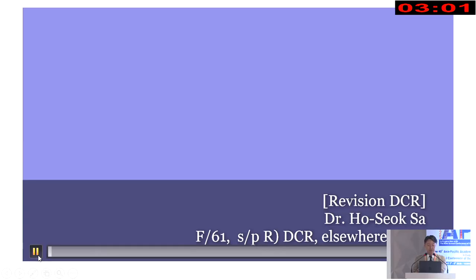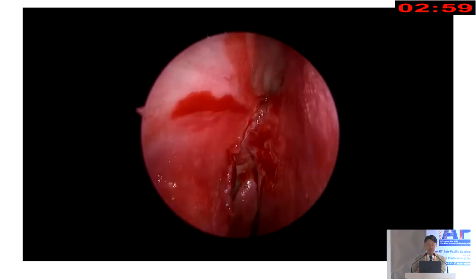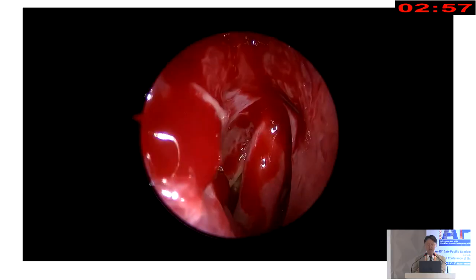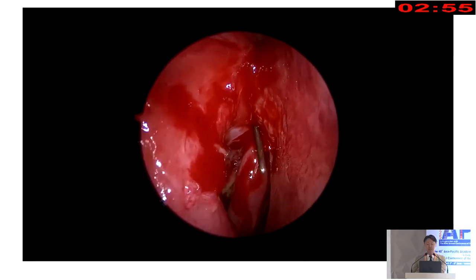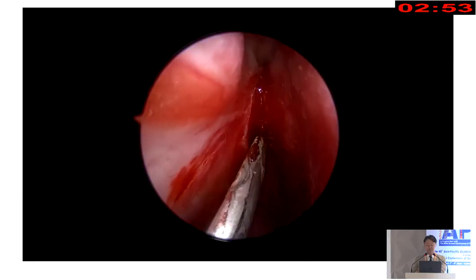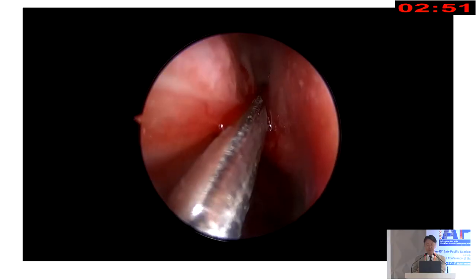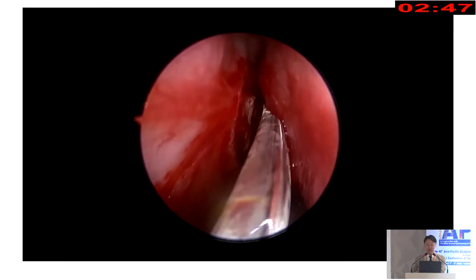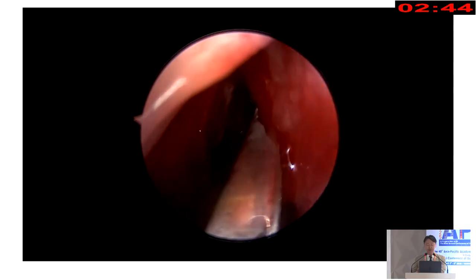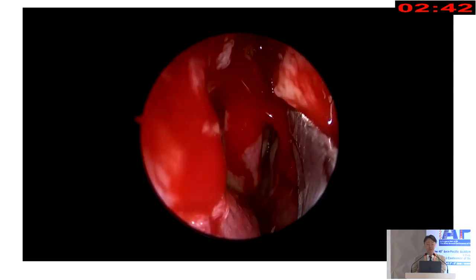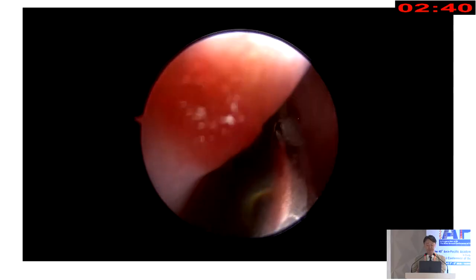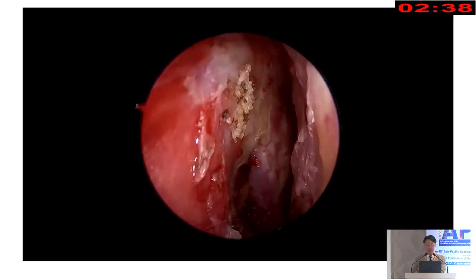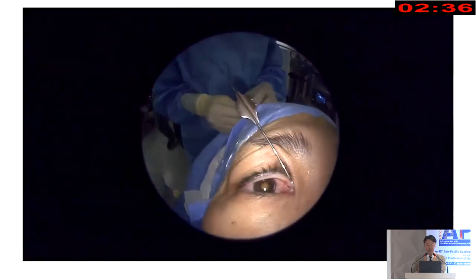During surgery, as shown in the CT scan, you can see a thick synechiae between the ostium and nasal septum. Using a Freer elevator, the synechiolysis is performed, and the nasal septum is medialized to secure enough space around the ostium. After packing, you can see the ostium site well.